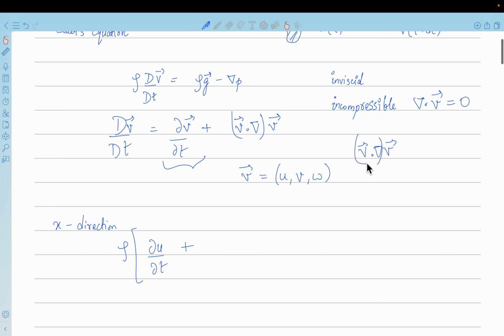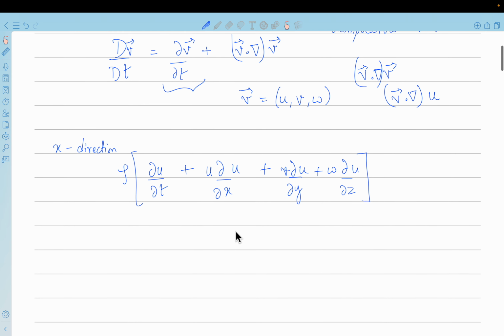The x component is v dot grad operating on only u. But here we have to take all the components of v. So first we write u dou by dou x of u, plus v dou by dou y of u, then w dou by dou z acting on u.